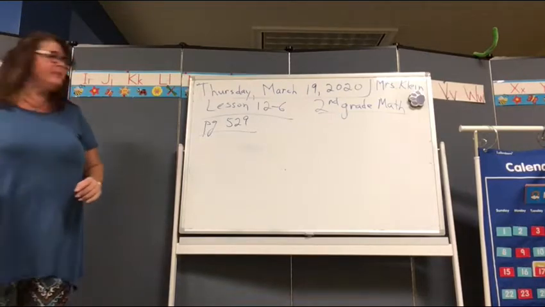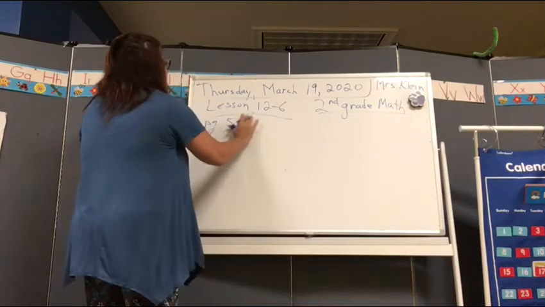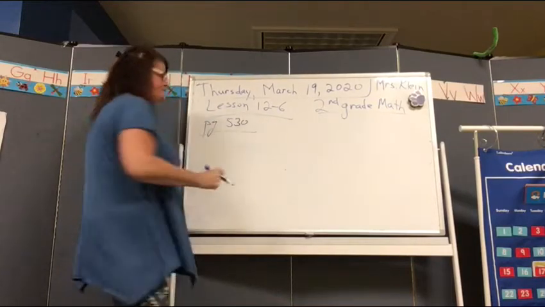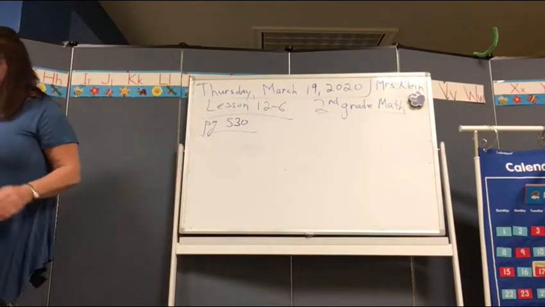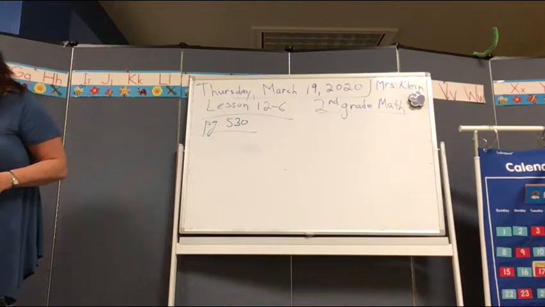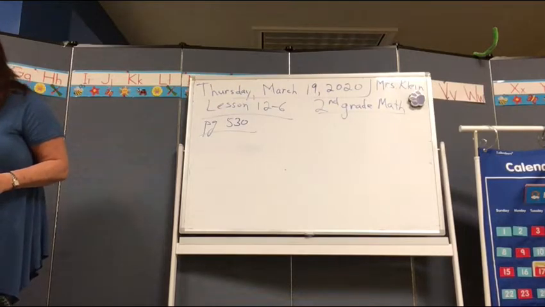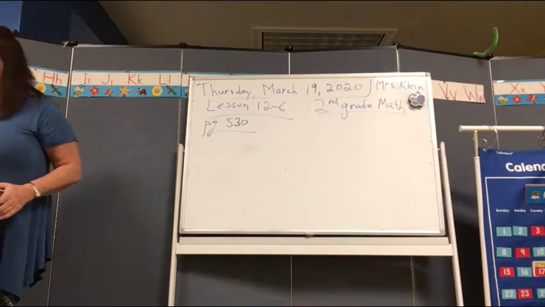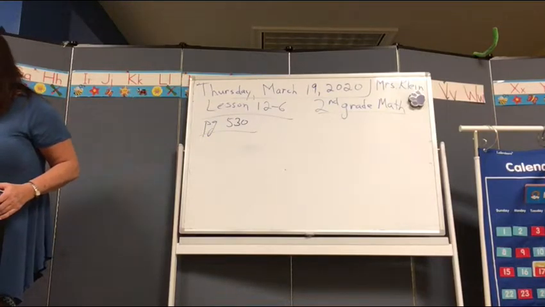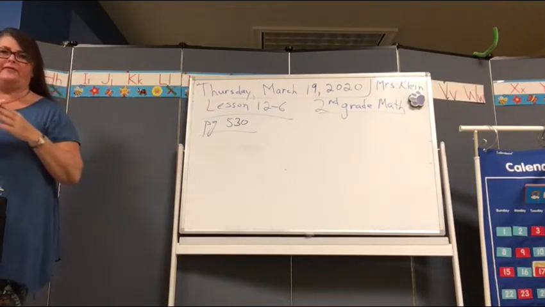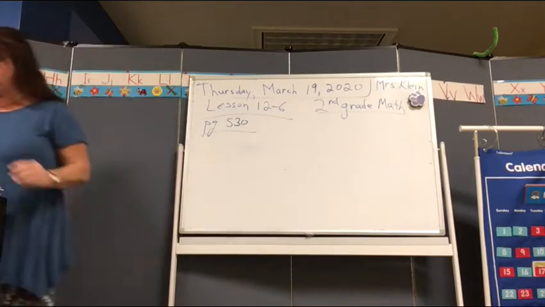Let's look at the top of page 530. You can use a ruler or a meter stick to measure length. The button is about 1 centimeter long. This table is about 1 meter wide. So we don't have a meter stick, but it is about the width of a table.